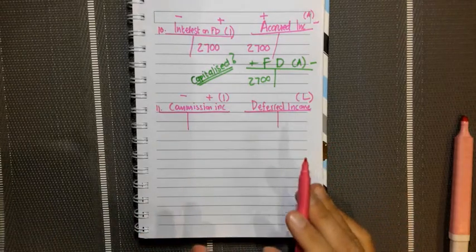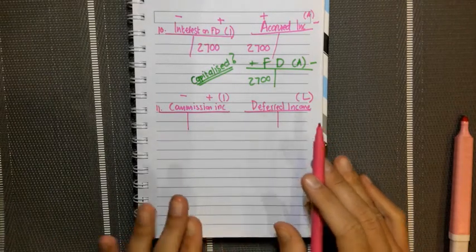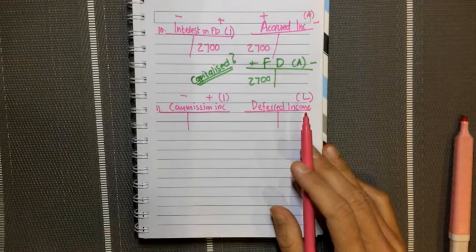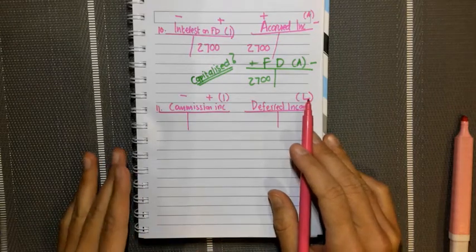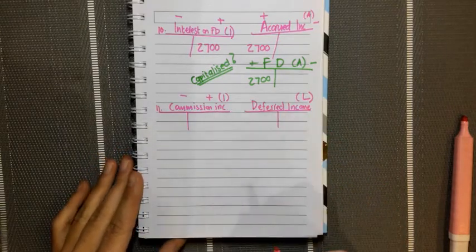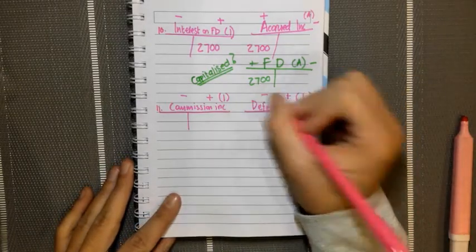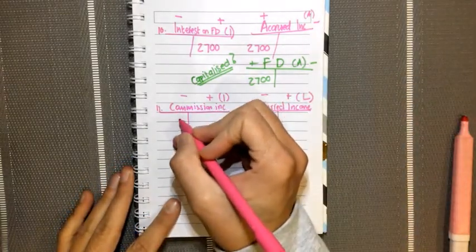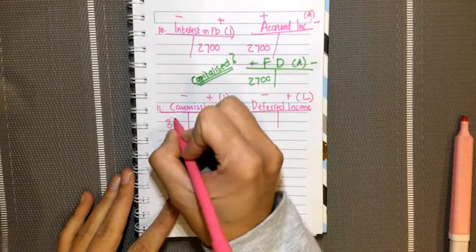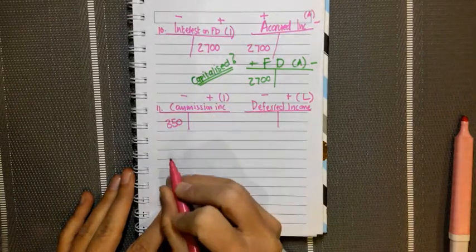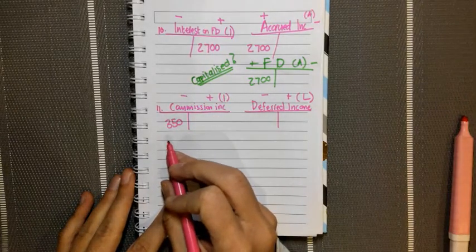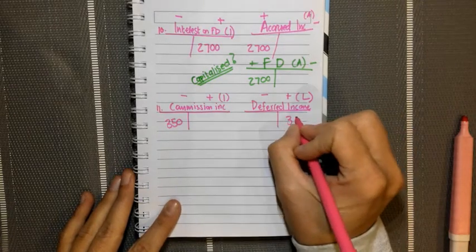Okay, so we are liable to actually do something, to sell things, to earn that commission next year. We want to make commission income smaller because it's not for this year. We want to take it out. This is our debit. Our credit is then deferred income. That makes sense because it's our liability.